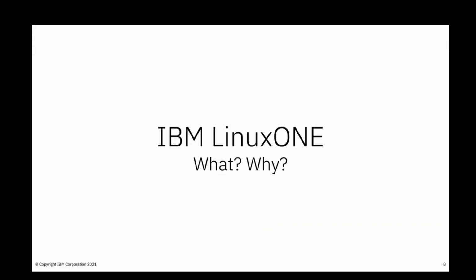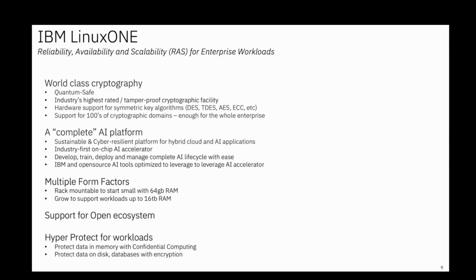So this APAC conference is all about IBM Z and LinuxONE. So the question is why LinuxONE, what is LinuxONE. When we talk about LinuxONE, it's all about world-class cryptography. We have quantum safe capabilities available on the platform. We have the industry's highest rated tamper-proof cryptography facility here.